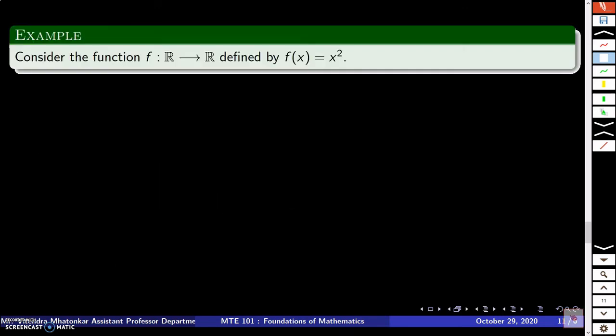So here is an example of a function which is not 1 1. If you look at f from R to R defined by f of x equal to x square, can you find 2 points in R which are different but the images are same?